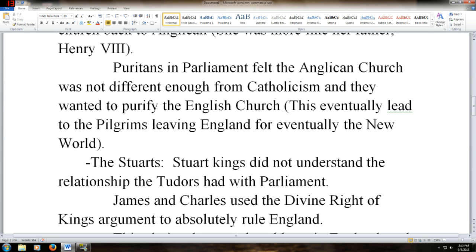After Elizabeth dies, she has no male heirs, so a new line of leadership takes over England called the Stuarts. They're brought up in the book too, so that's another section if you're doing an outline. Stuart kings did not understand the relationship that the Tudors, Elizabeth, Mary, and Henry were all part of the Tudor family, had with Parliament.